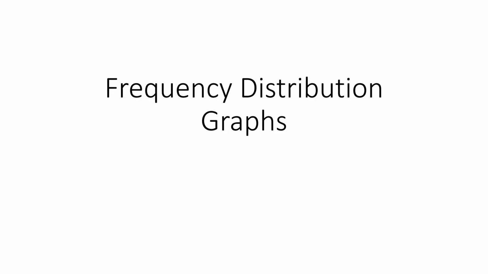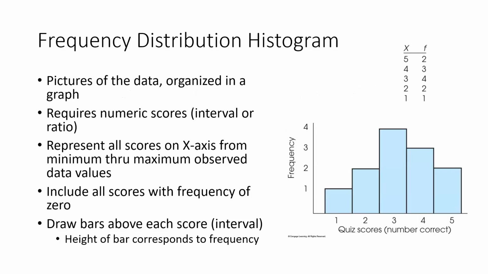I want to also delve into frequency distribution graphs a little bit better. Frequency distribution histograms are pictures of the data organized in a graph. They require that you have numeric scores, either an interval or a ratio. It's okay if it doesn't have a real zero, you can still plot it in a histogram.